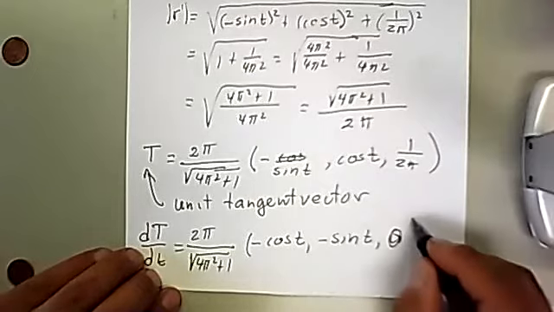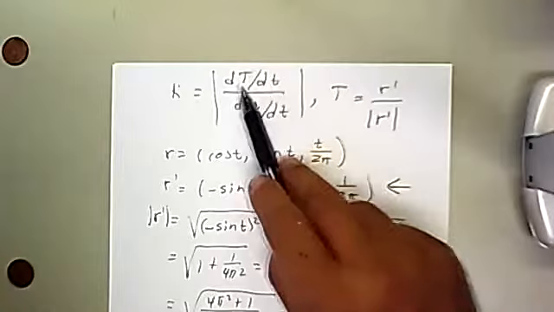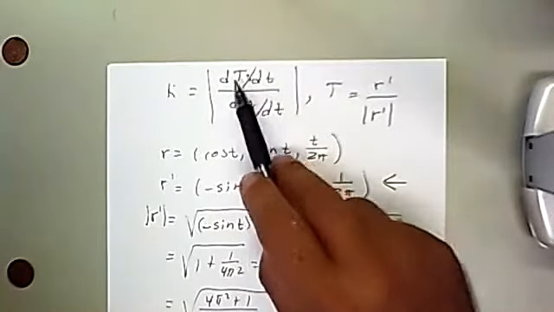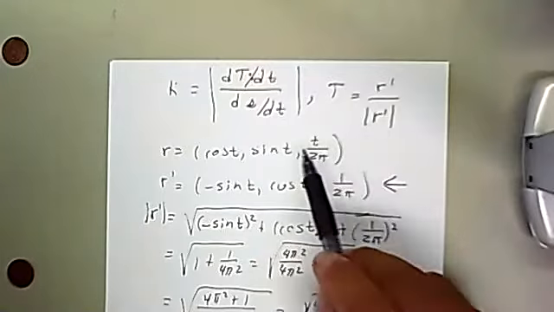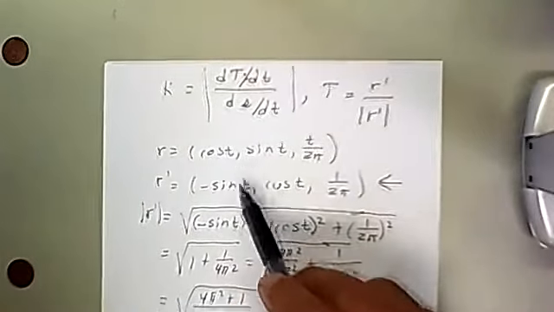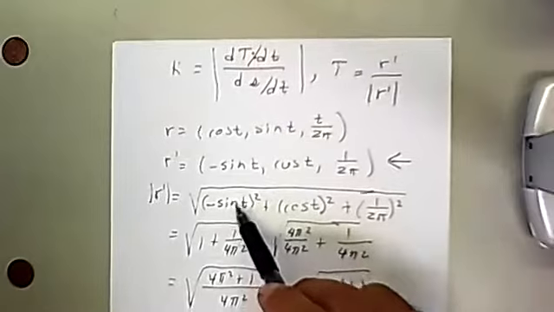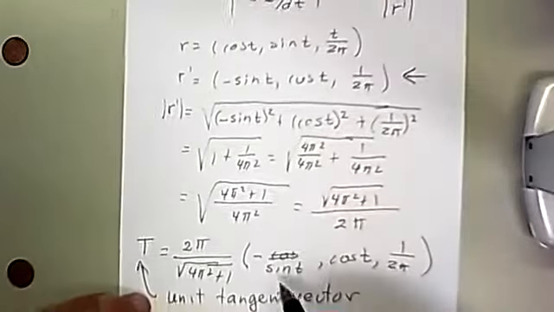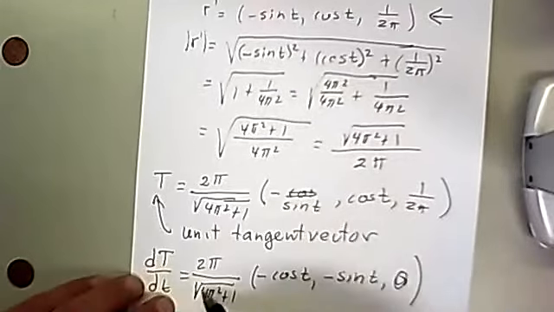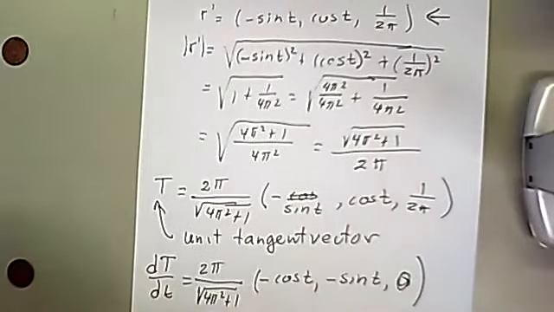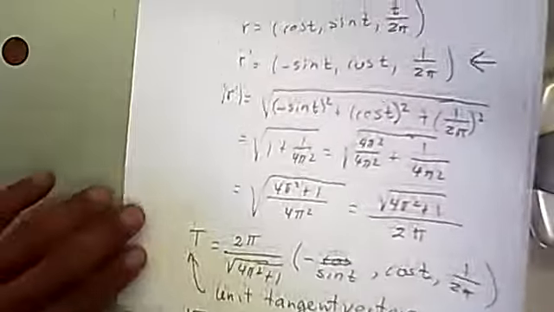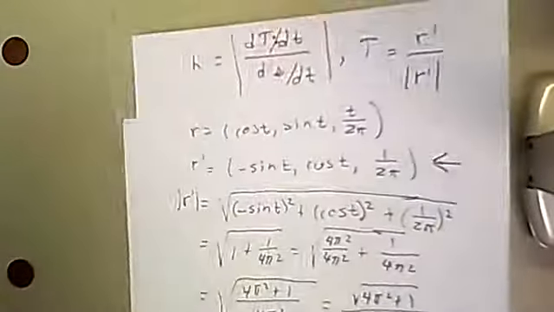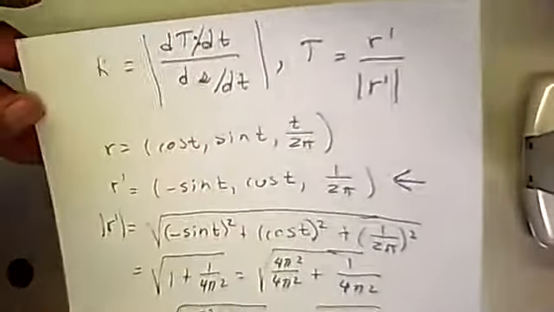All right, so we have done some of this formula. We figured this out, and notice how much work we have to do. We have to find r prime, the magnitude of r prime, then T, the derivative of T. And this is a fairly simple function. Things get quite complicated; the computations are lengthy many times.